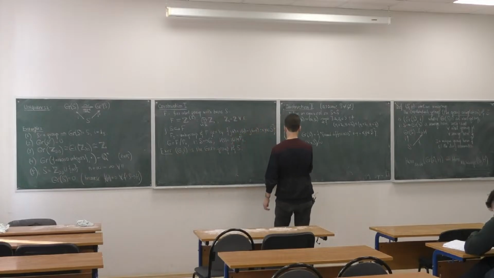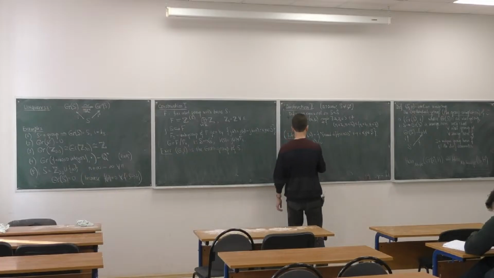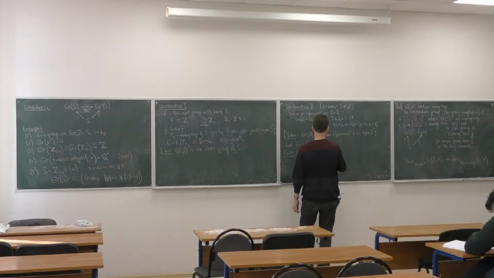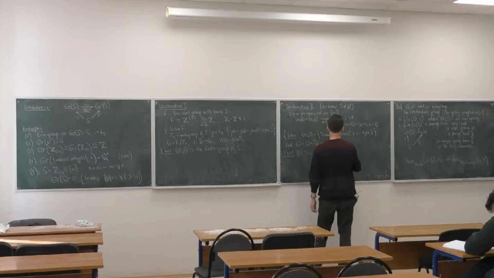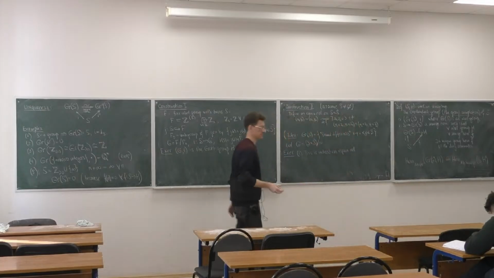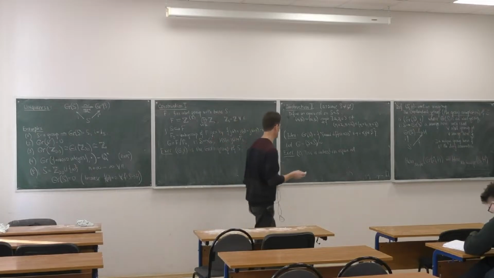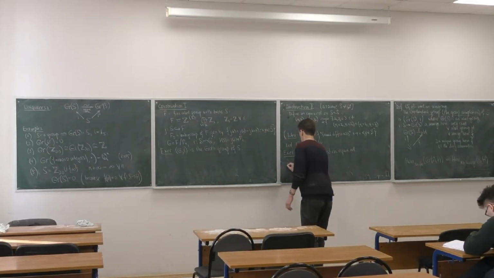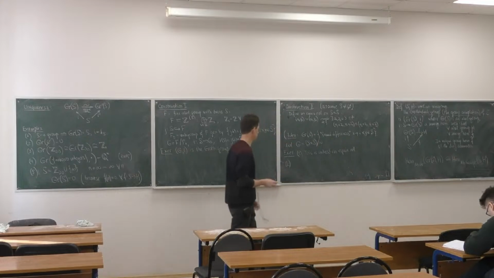Well, a simple exercise is to show that this is indeed an equivalence relation. Clearly it is reflexive and symmetric, and a short calculation shows that it is transitive, so it is an equivalence relation. And moreover, it can also be defined in a slightly different way.